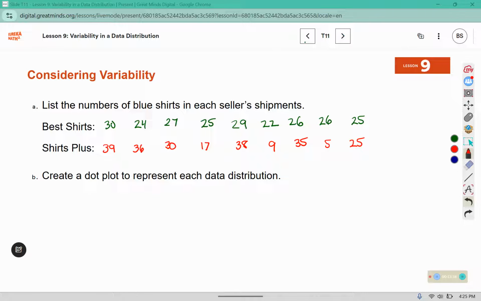Create a dot plot to represent each data distribution. We're going to use the same scale for both of them. So even though the lowest in the Best Shirts is 22, we're going to use 5, so we include data for both data sets. And then we can easily identify which one is more spread out.